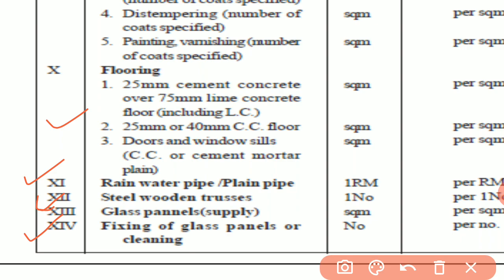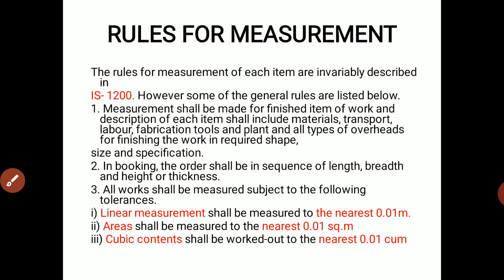So these are the units of measurement. These are very important, and you have to know all the units of measurement. This is the basic ABCD of our estimating and costing.